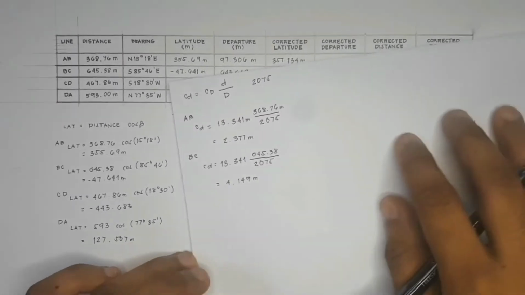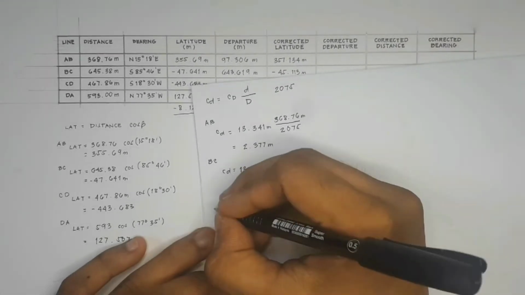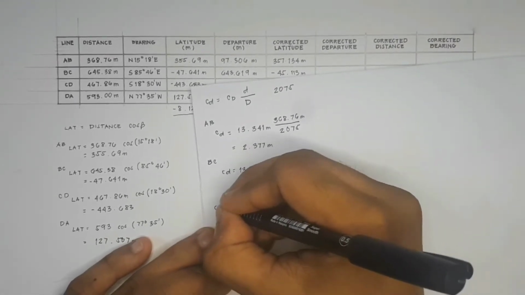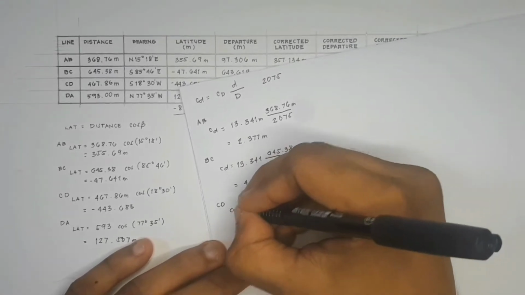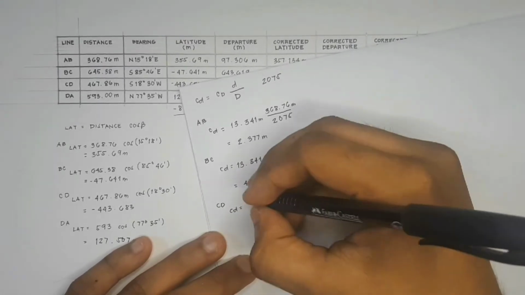Next, we have the line CD. The correction along the departure is equal to the total closure.